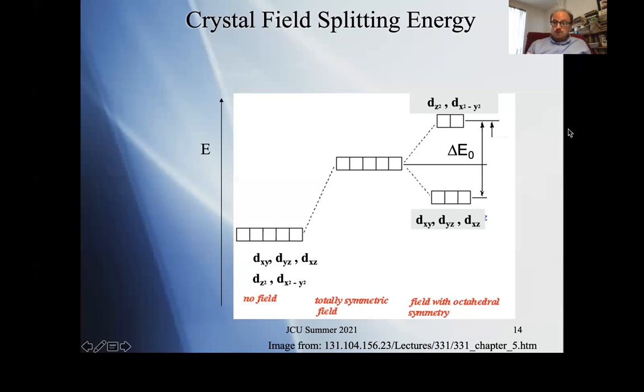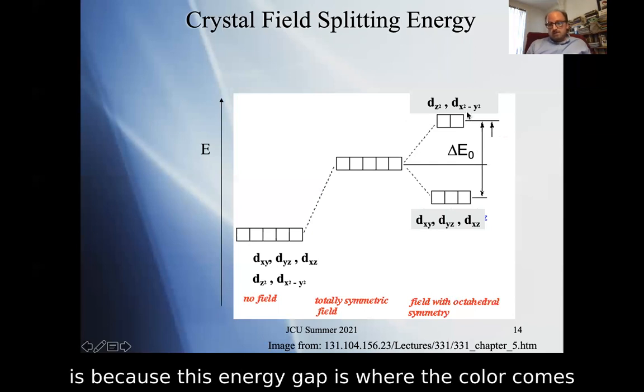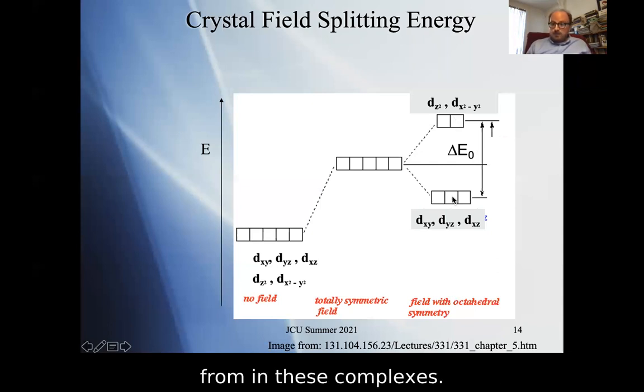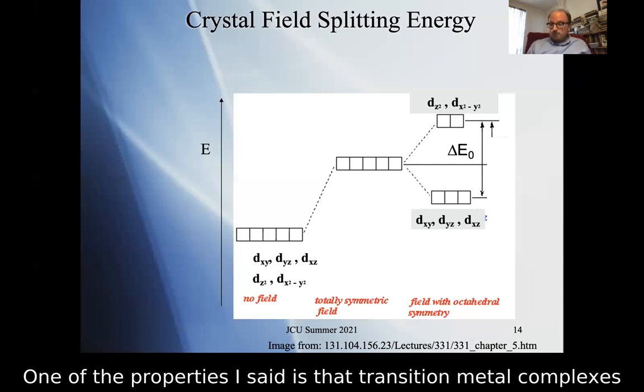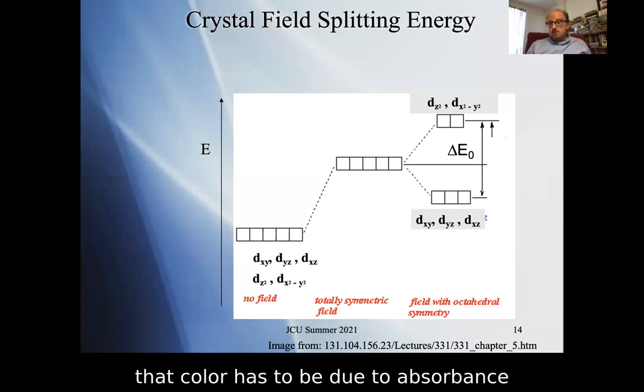And really the whole gist of going through this is because this energy gap is where the color comes from in these complexes. One of the properties I said is that transition metal complexes have a color to them. But if we think back to spectroscopy, that color has to be due to absorbance in the visible region of the spectrum.